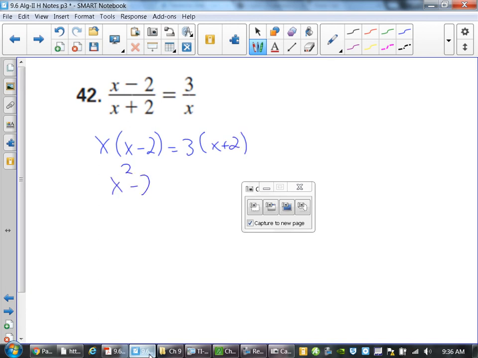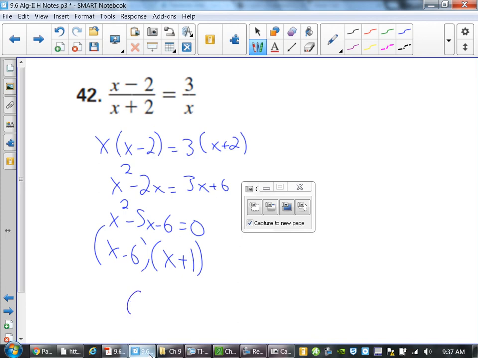X squared minus 2x equals 3x plus 6. Send that to the left. What times what is negative 6, and you add together to get negative 5? Negative 6 and 1 gives me zeros at 6 and negative 1.